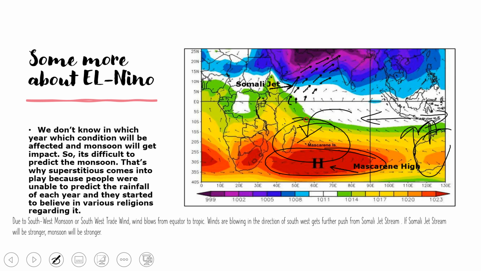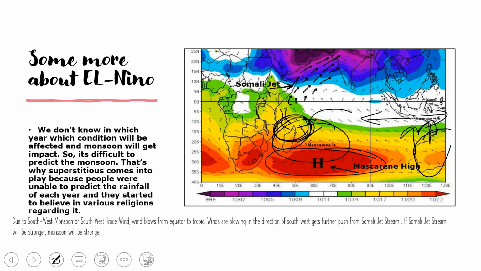And when some more heating occurs, an intense low pressure will form, leading again to vaporization of water droplets, and ultimately we will see this Somali jet stream getting formed, and this will get an intense push to the Indian Ocean. That is what we call a positive dipole.